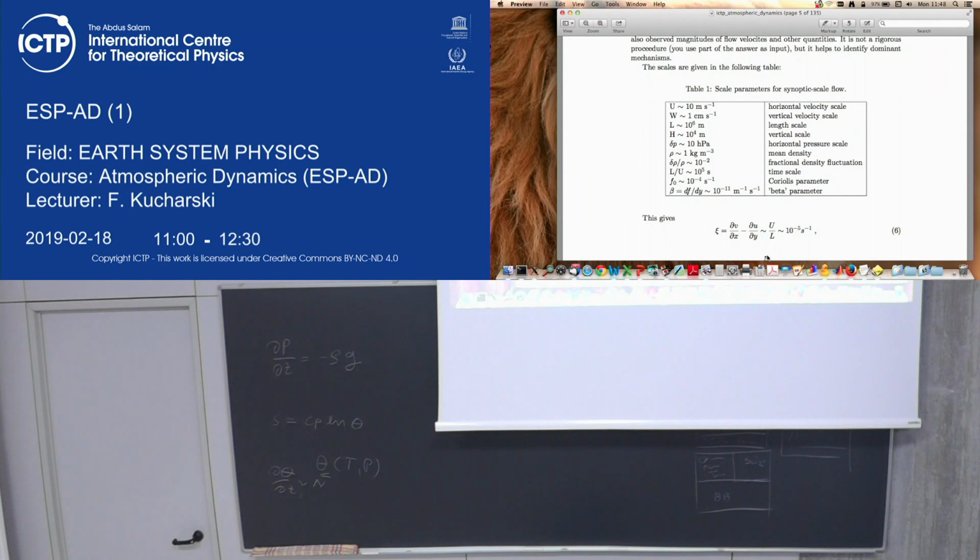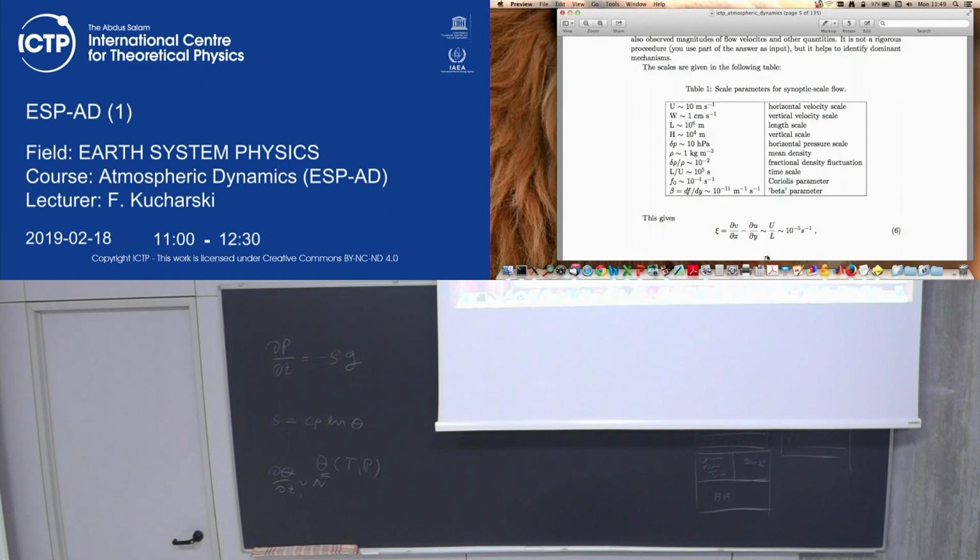So that's generally the case. All the variations that we look at are small compared to the mean quantities when it comes to thermodynamic quantities. The temperature perturbations will be in the order of 10, 20 degrees, but we compare them to the absolute temperature of 280 degrees. So again, much smaller.